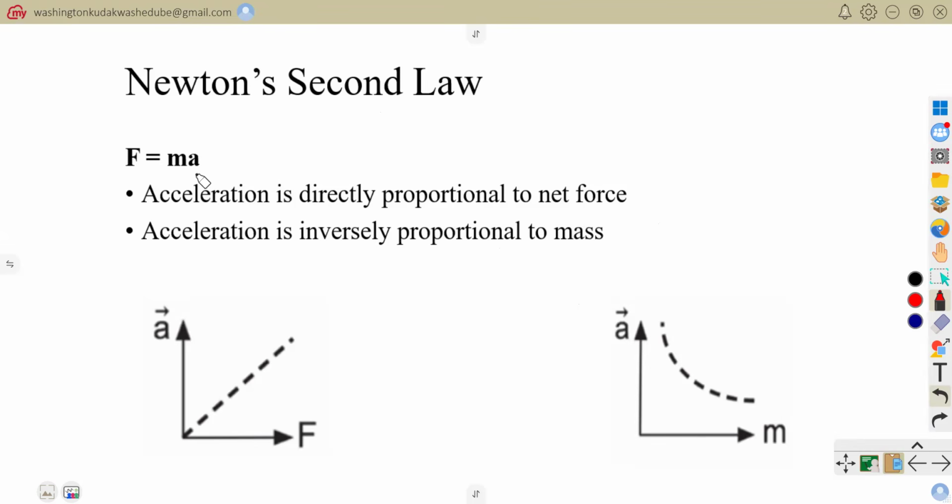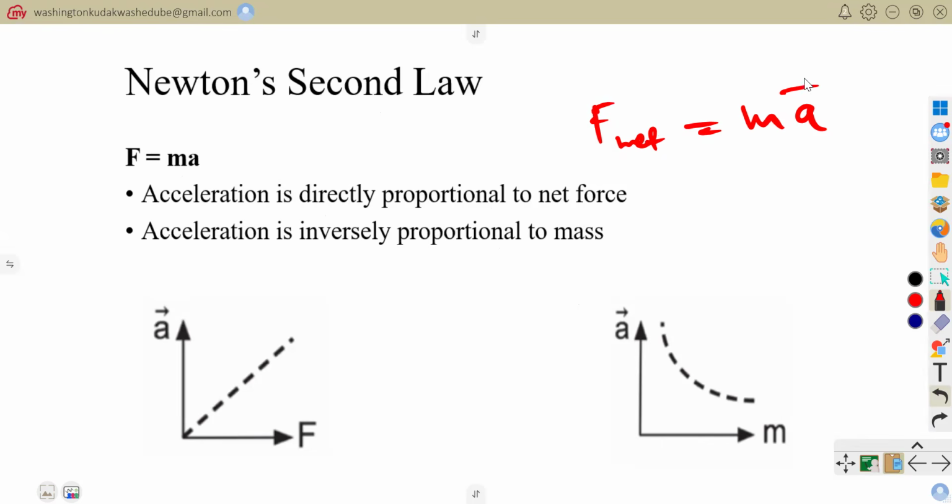As we have said, Newton's second law is determined by the formulation F net is equal to m times a, which is mass times acceleration. So we are simply saying that acceleration is directly proportional to the net force.